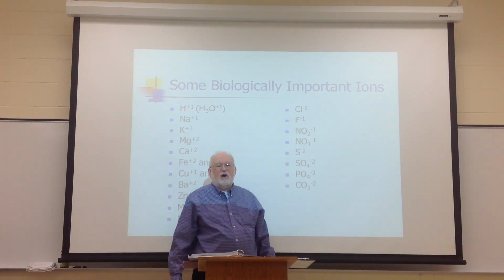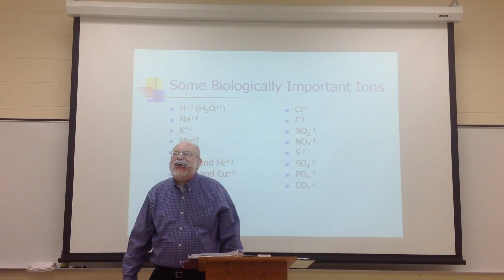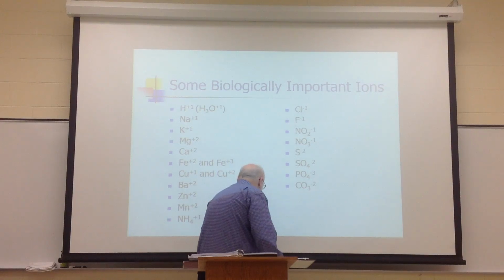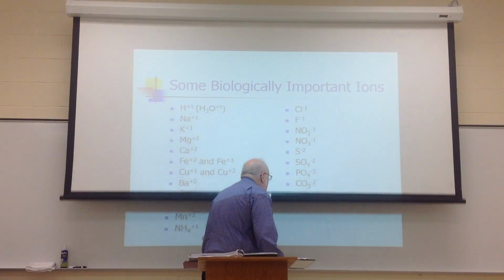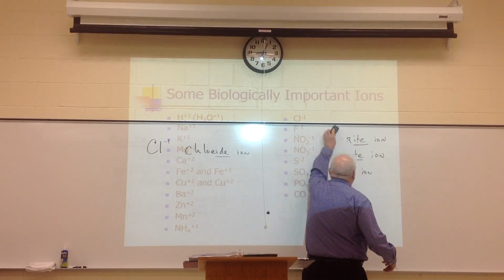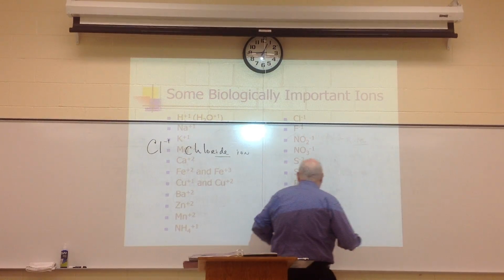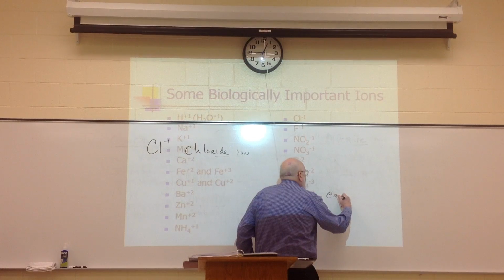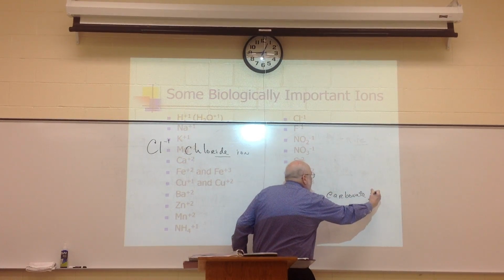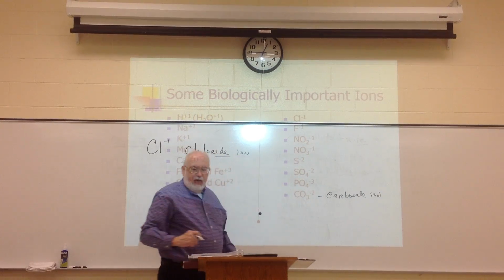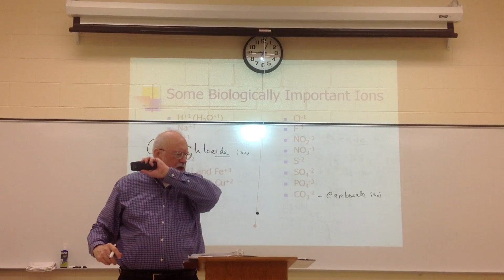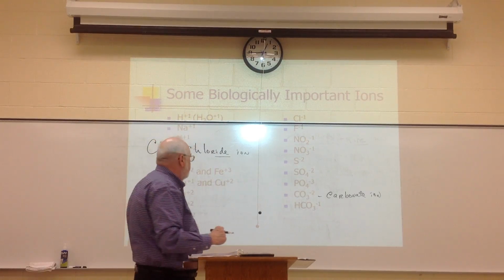Oh, I love this one. CO3, -2 charge, carbonate. In fact, I'm going to put the screen up on this one and the next one together. This is the carbonate ion. And then the next one is a combination with some hydrogen in it.